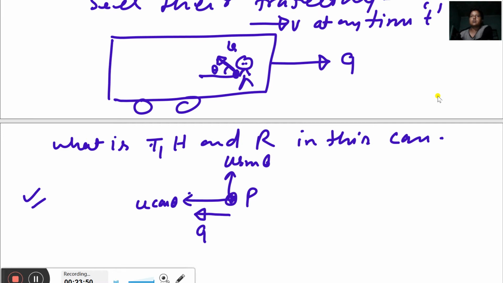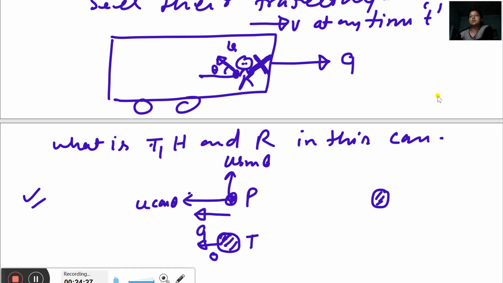According to observer, frame is at rest, because with respect to observer, frame is a fixed one. So trolley has a speed 0 with respect to observer.